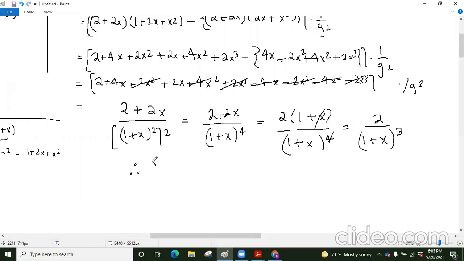Hence, in conclusion, f prime prime of x is equal to 2 over 1 plus x cubed.